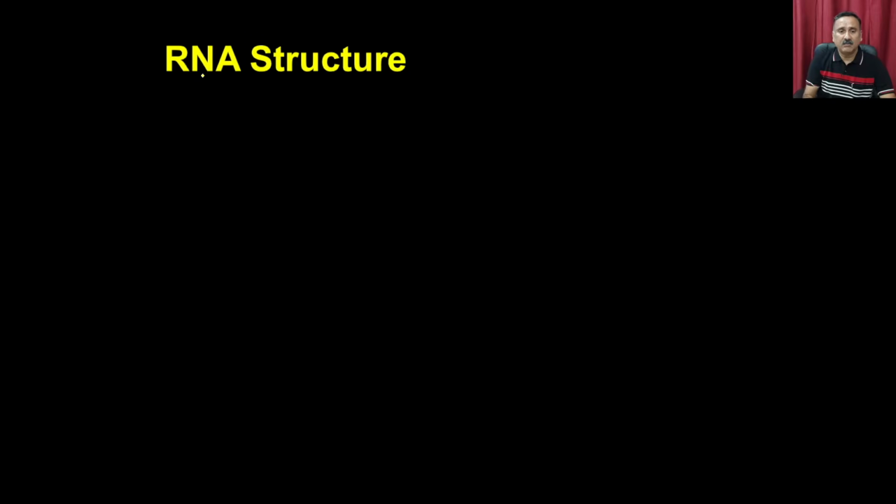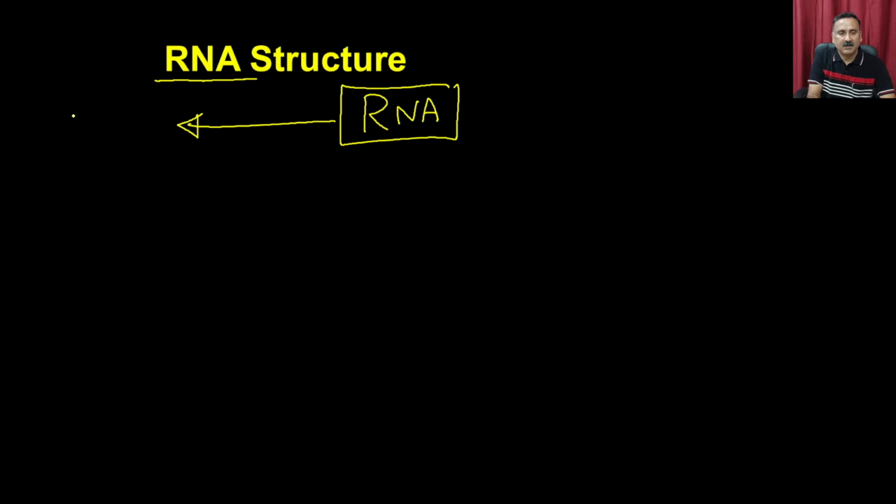Now, when we talk about the RNA, we are actually going to talk about three different types of RNA. We have the transfer RNA, commonly known as tRNA. So this is called transfer RNA.